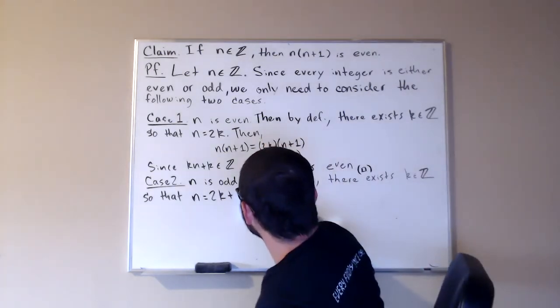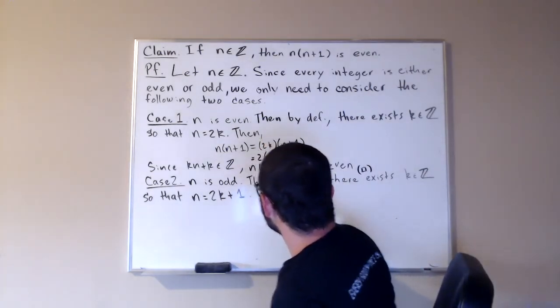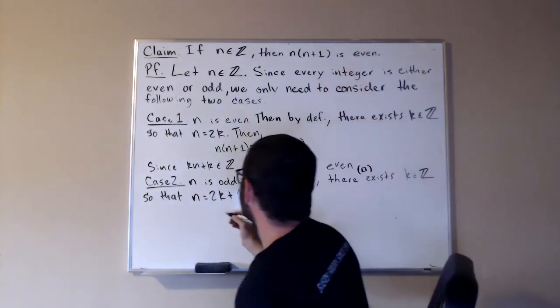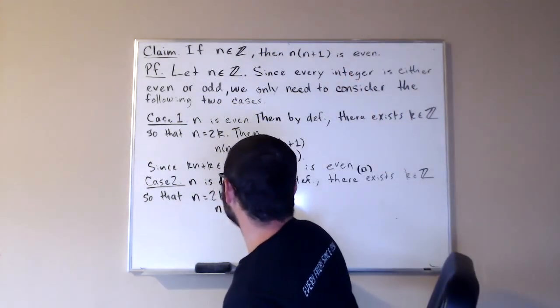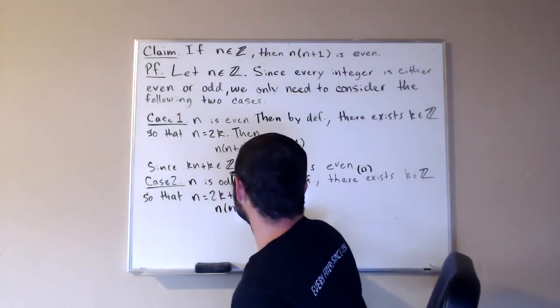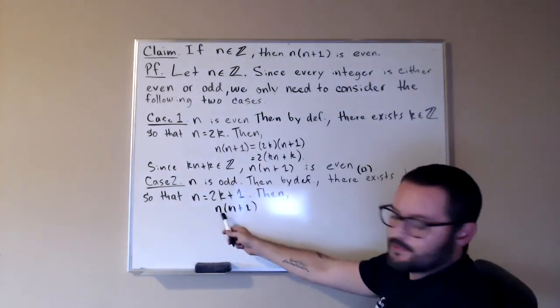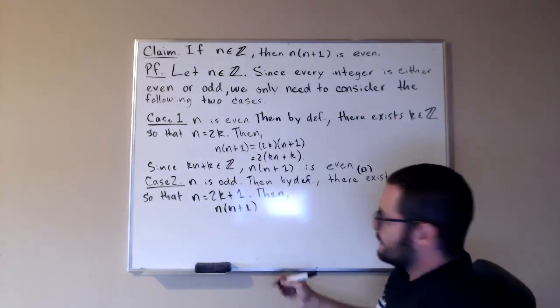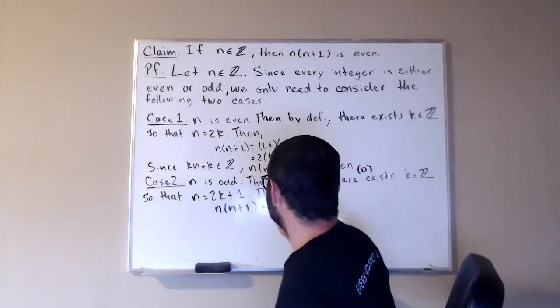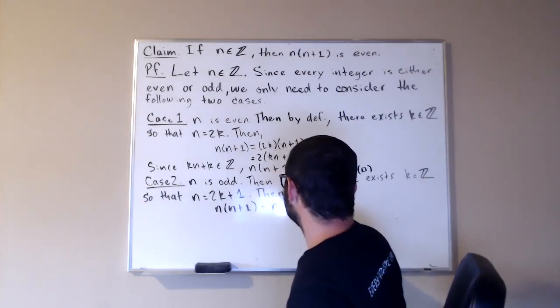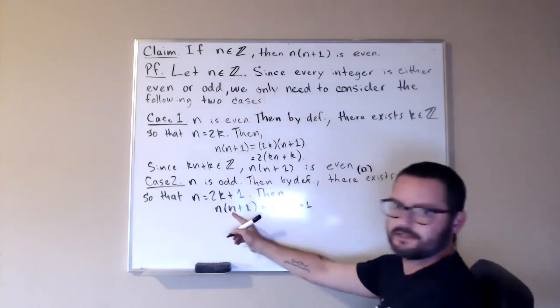So then, we need to consider the conclusion again. So n times n plus 1. I'm going to leave that n alone, and now I'm going to change the n in here, and you'll see why in a second. This is equal to n times 2k plus 1 for that n.